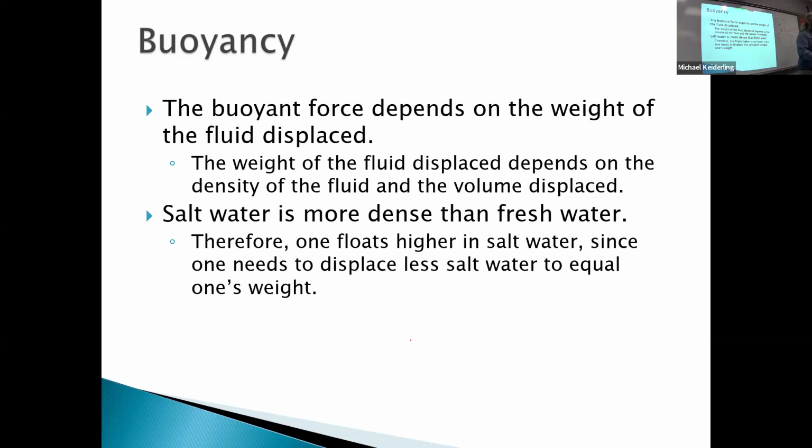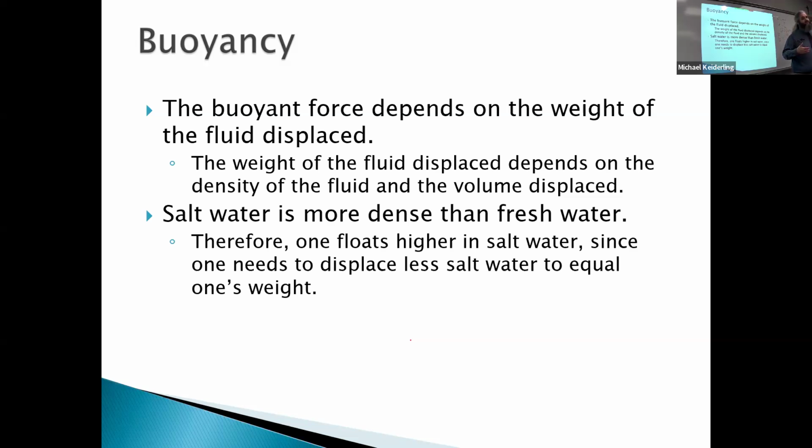But if I were putting these in something that was more dense, like mercury, the steel ball bearing would float because mercury is more dense than steel. And how high you float out of the water depends on the relative densities.